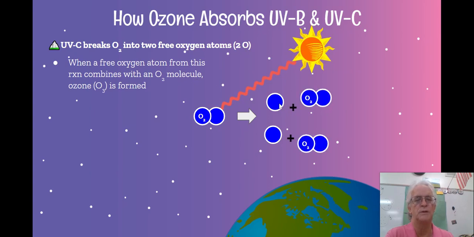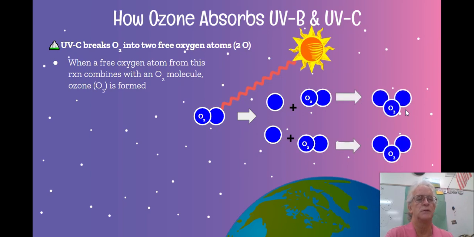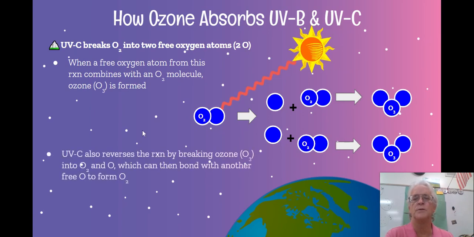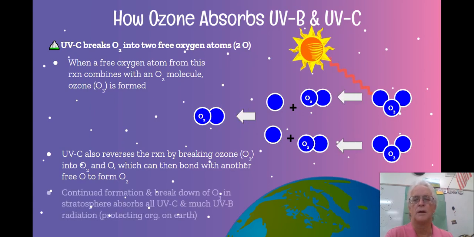So one of these O's can combine with an O2, giving us O3. Or it could go back and combine with another O. UVC reverses the reaction by breaking ozone into O2 and O, which can then bond with another O and form O2.